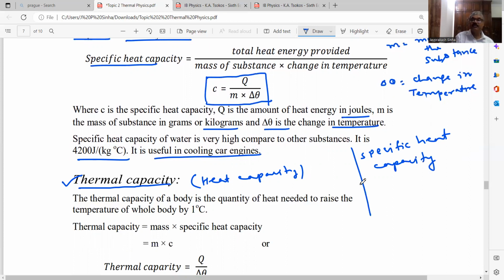Specific heat capacity is always defined for 1 kg of mass of substance. But heat capacity is for the whole mass of the substance.